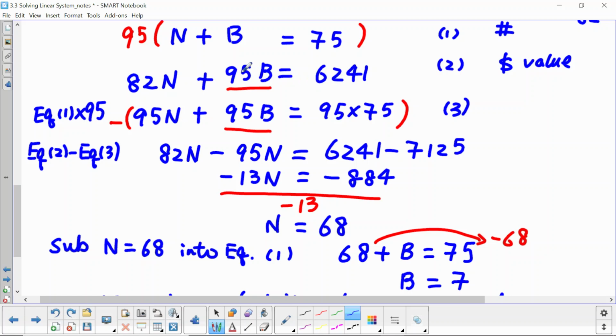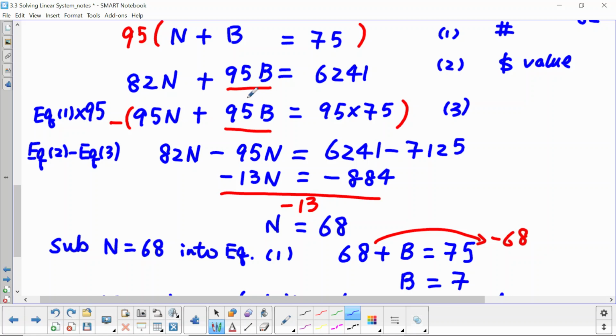Then we choose the elimination method. We want to get rid of the b. Then we need to times the equation 1 with 95. Then you will have 95b here. Because they are the same, we do the subtraction. So we subtract accordingly, the n like terms put together, the constant terms put together. 95 minus 95 is 0, b is gone.